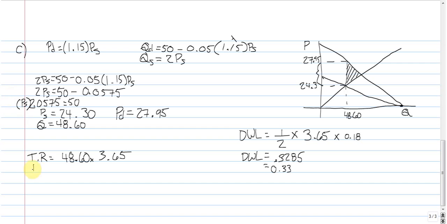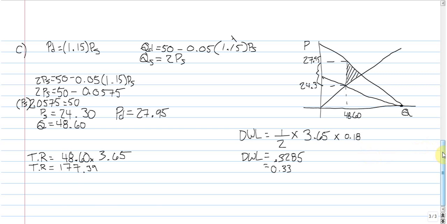So my tax revenue is 177.39. I think I did this before and it should... Yes, okay, good. So that's your tax revenue, the tax per unit times the quantity.